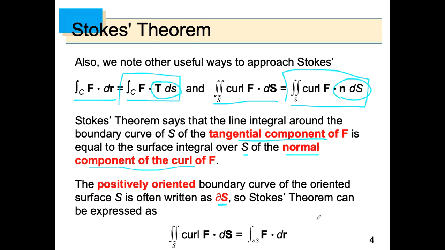Just remember one thing: whatever form Stokes' theorem takes on, you're really just looking for ingredients to substitute into either one of these integrals, either the surface integral or the line integral. Again, it depends on the situation, on what's more convenient for you. And just make sure you're doing proper substitutions.